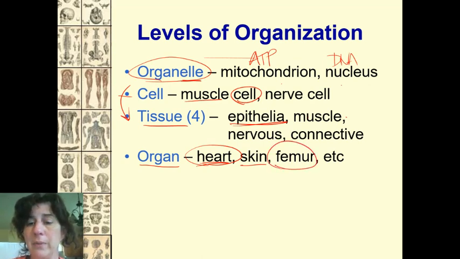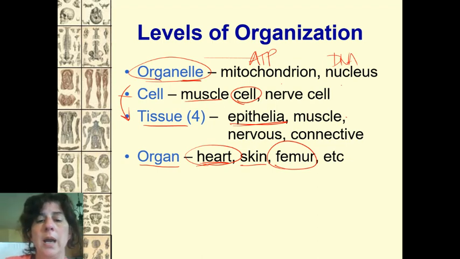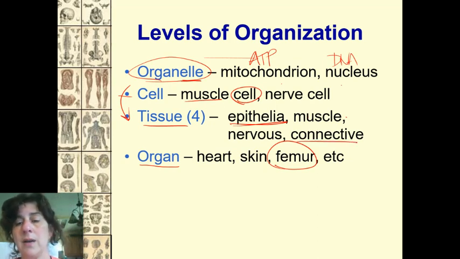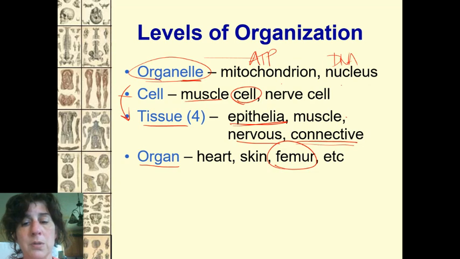Femur, we don't think of our bones as being an organ, but they are. So the femur is a bone, and that's going to be connective tissue primarily. Bone is in that connective group, plus you've got blood flowing into the femur, so there's connective tissue there. You've got ligaments and tendons that are involved, again, more connective tissue. I've got nervous tissue that runs through the bones also.